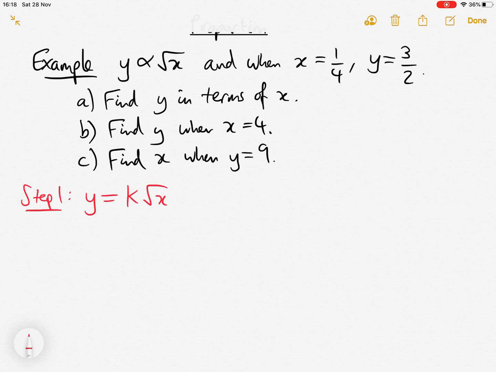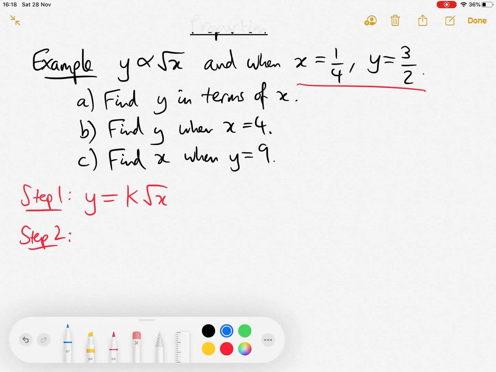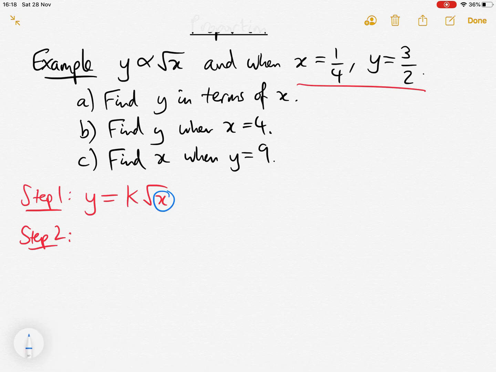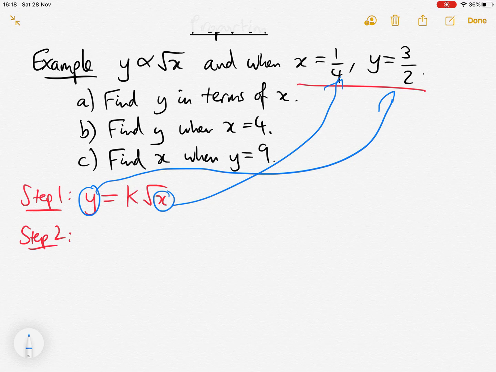And then the next step, well, we're given this piece of information that when x is a quarter, y is 3 over 2. So we can substitute those numbers in. We can replace x with a quarter and y with 3 over 2. And then we'll get 3 over 2 equals k times the square root of a quarter. What is the square root of a quarter?